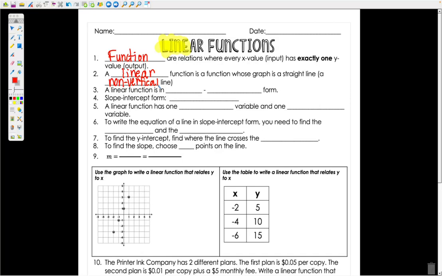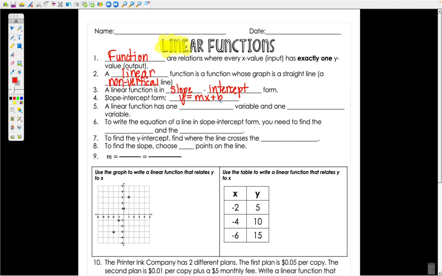When we look at our linear functions, we want to make sure they are in what we call slope-intercept form. And slope-intercept form looks like what? Slope-intercept form is y equals mx plus b.